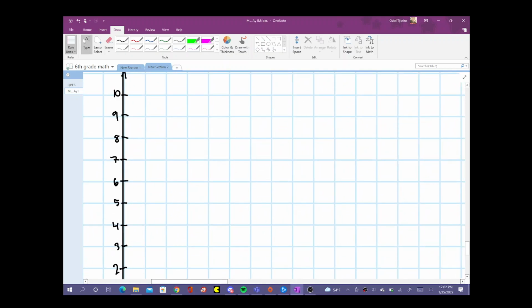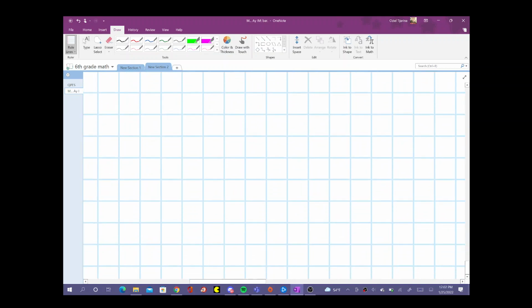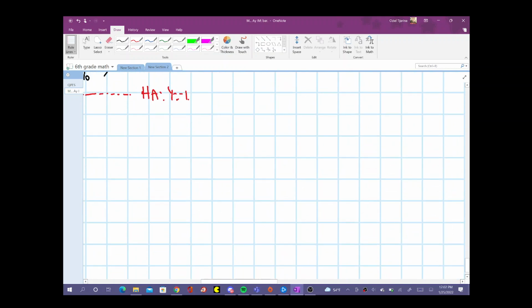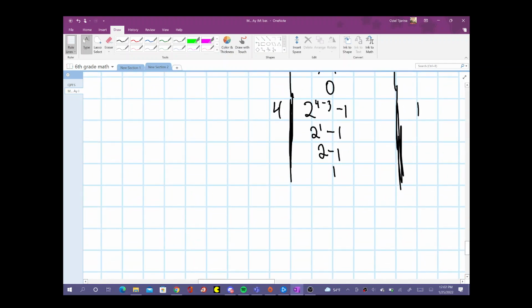So once we do that, we can do 5 next. If we do 5, we have 2^(5-3) - 1. So sorry, 2 to the 5 minus 3 power, and then minus 1, right?